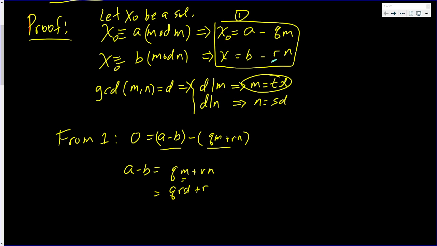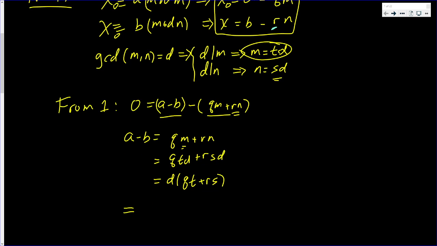So it's q times m, where m is t times d, plus R times n, where n is s times d, but I can factor out a d.